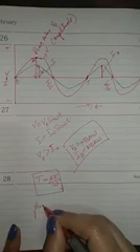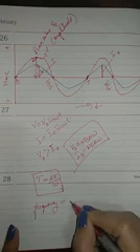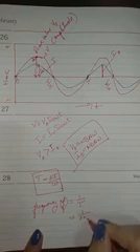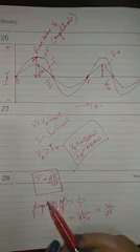The formula of frequency is f equals 1 by time period, which is 1 by 2 pi by omega, that is omega by 2 pi. Whatever the time period, frequency is just the opposite. The unit of frequency is cycle per second or hertz.